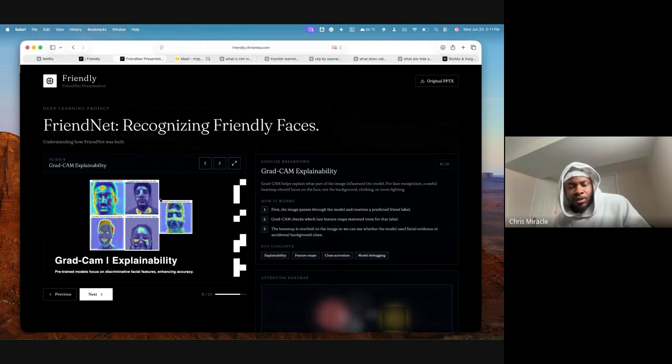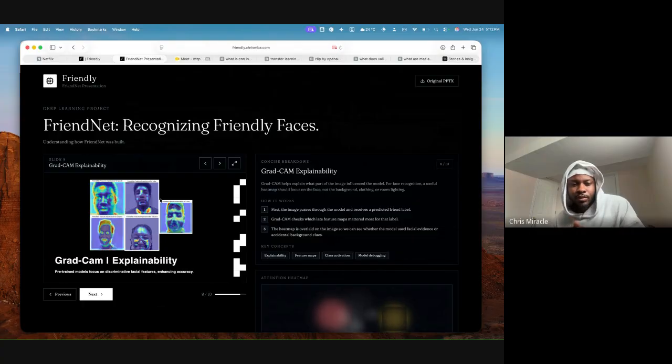GradCAM is usually used in case you want to understand how your model performed, what your model sees during feature extraction, or why it chose what it did to give you predictions.